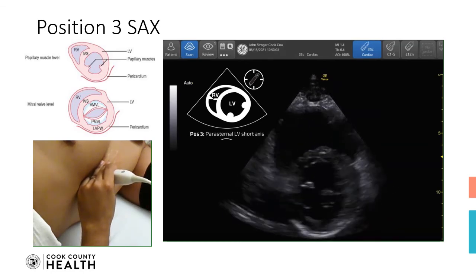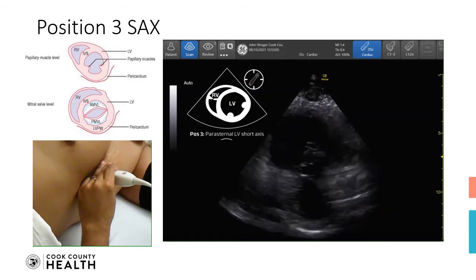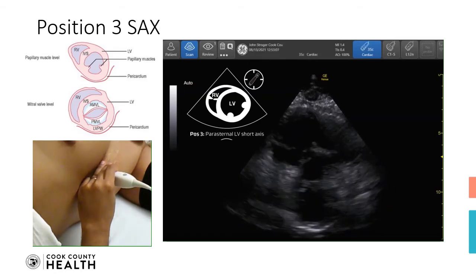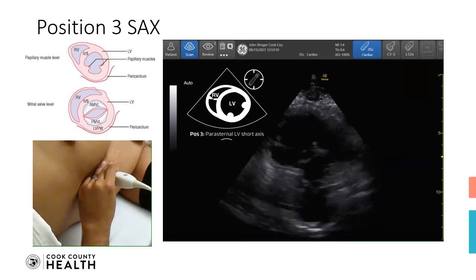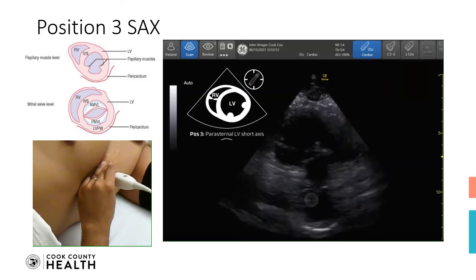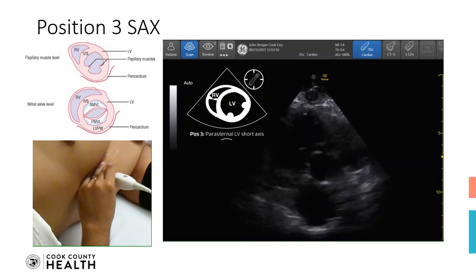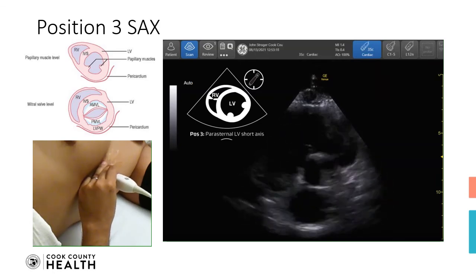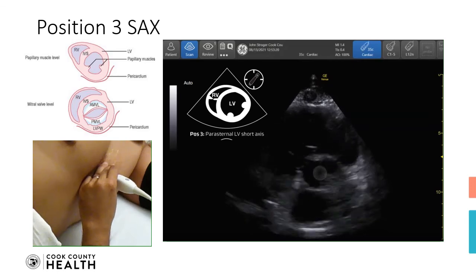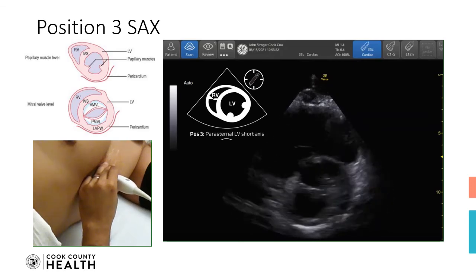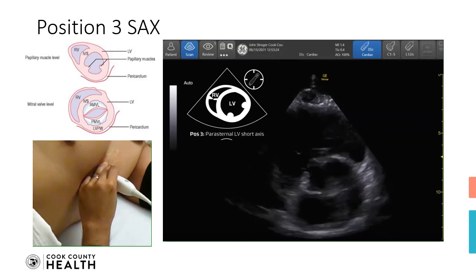Whereas when I tilt it towards the upper portion with the probe tail going down, you see the mitral valve coming into the view right here. And when we do it further, we look more anteriorly into the heart and have the aortic valve coming into the view right there.